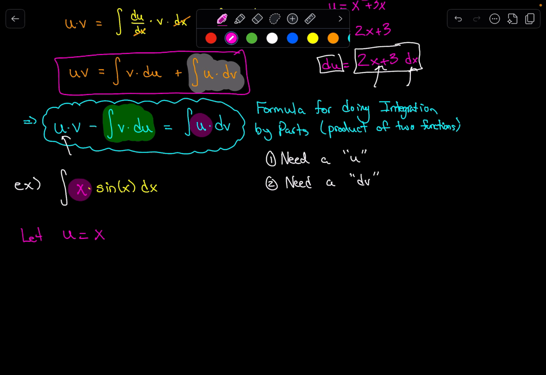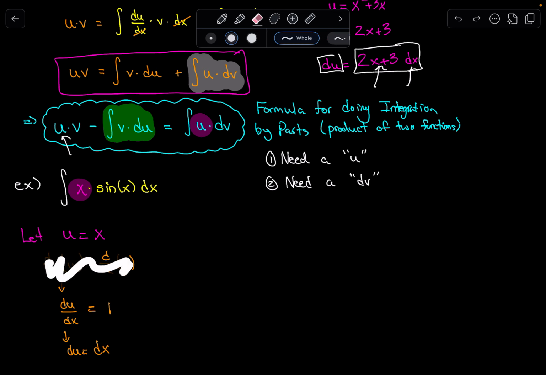Well, hopefully from the u substitution video, we saw that if I took the derivative with respect to x of both sides, so of u and of x, on the left-hand side I get du dx, and on the right-hand side I just get 1, and from this I can get the very nice du is equal to just dx. That's the relationship I get. And so all of a sudden, now I know what my du is. I've unlocked what my du is by making a selection for u.